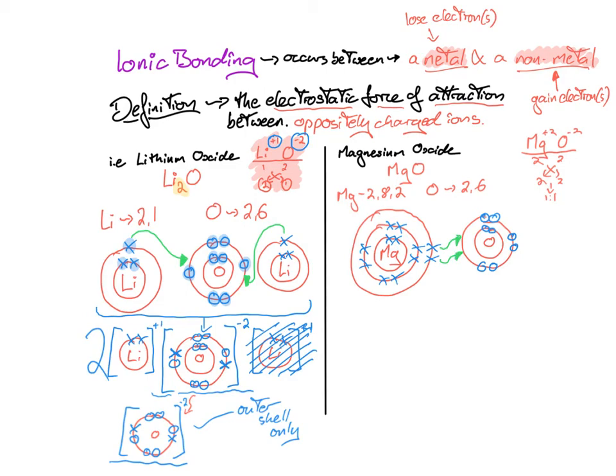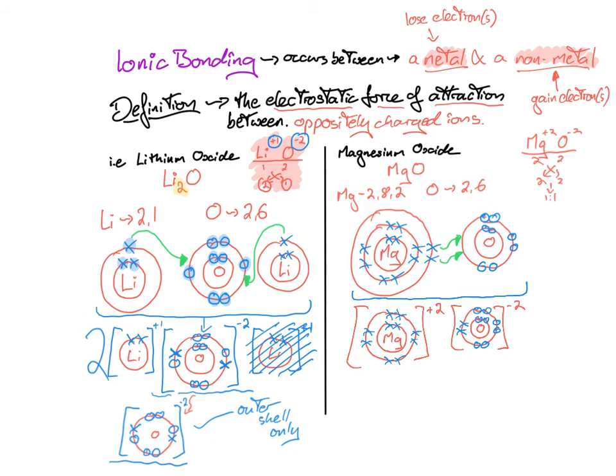We have to show, if we're drawing these sorts of diagrams, the electrons being transferred individually, so an arrow for each electron. Okay, I'm going to draw the products out for you now. So they've popped up for you. Things to note: the magnesium, I only needed one of it because the formula was MgO.